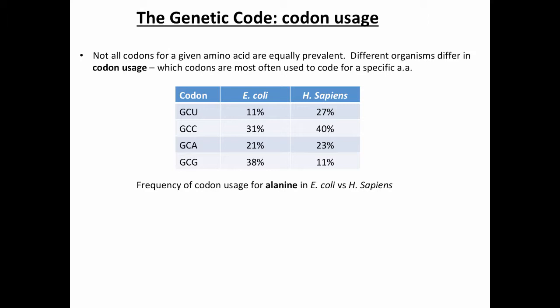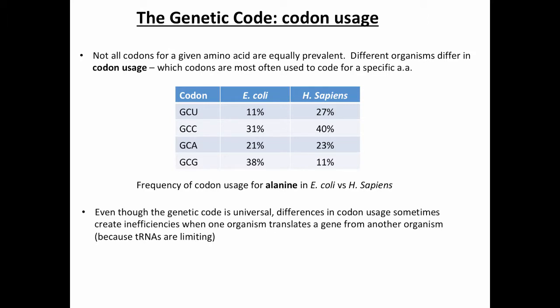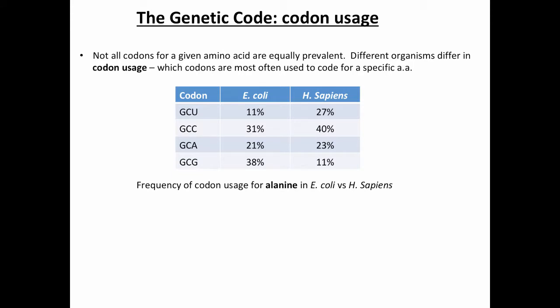You can see that in E. coli, GCG is much more frequently used, whereas in humans, GCC is much more frequently used. This is what we call codon bias. There is a certain propensity for the usage of a codon in a given organism.